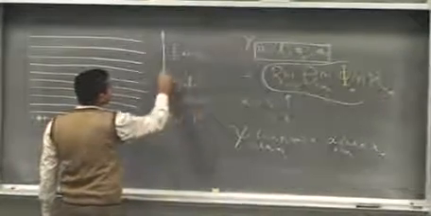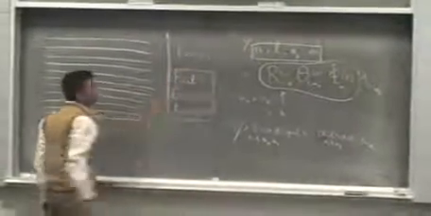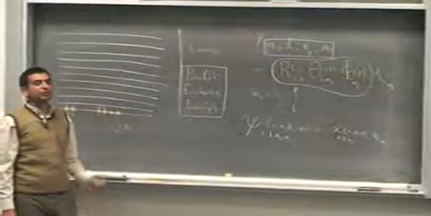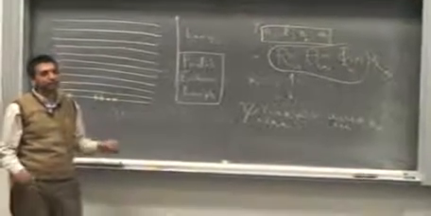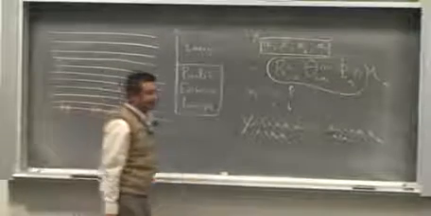The Pauli's exclusion principle simply states that no two fermions can have the same set of all four quantum numbers. Let me write this down for you.